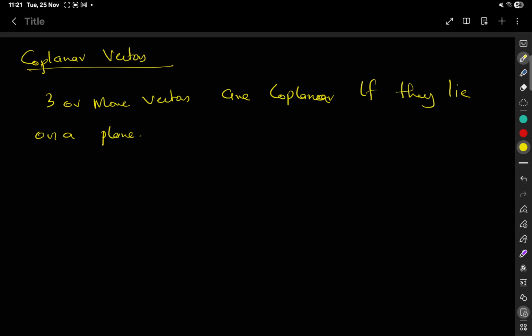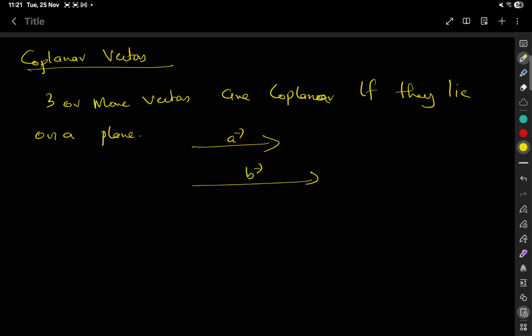You take any two vectors, they are coplanar. Take this vector A and vector B. Are they coplanar? Yes. They lie on the surface on which I am writing all these things. So they are coplanar. There is no doubt in that.